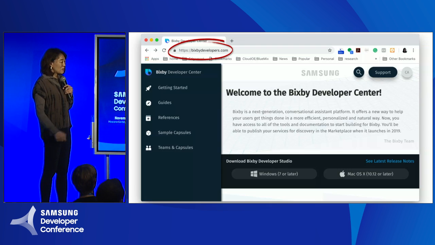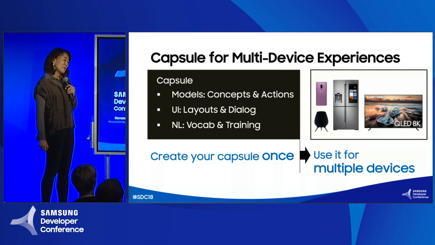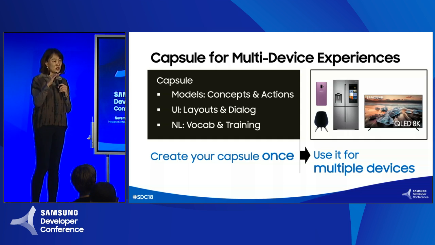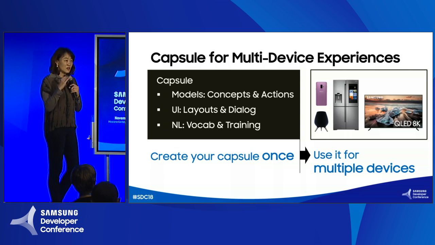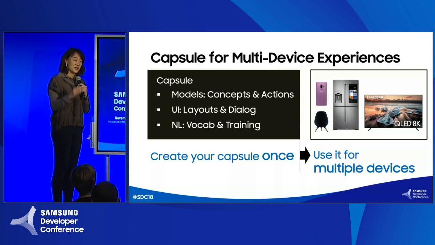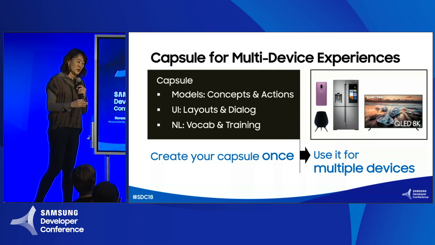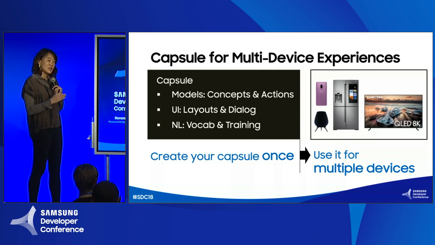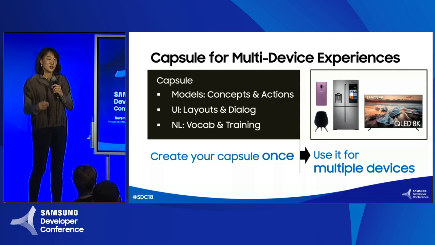And the one thing that I want to mention here is that when you build a capsule, it consists conceptually of three different things. One is about the models, another is the UI component, and then the natural language component, right? And then if you build a capsule for a smartphone, you can reuse it.